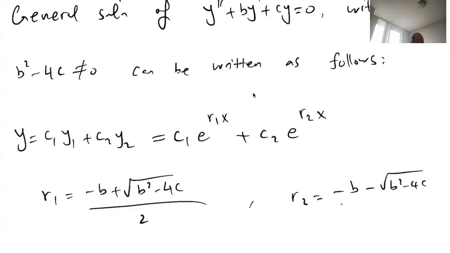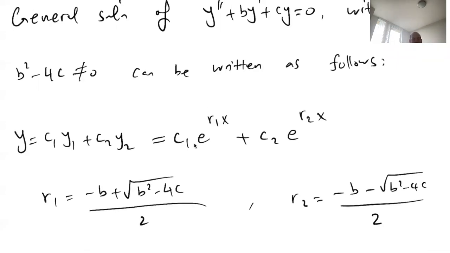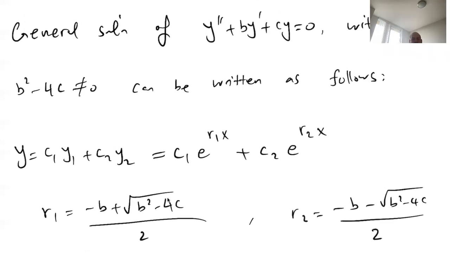So if b squared minus 4c is positive, remember we're assuming that b squared minus 4c is non-zero, which means either positive or negative. If b squared minus 4c is positive, we already have two real solutions here and the general solution in real form, I mean as a real number.